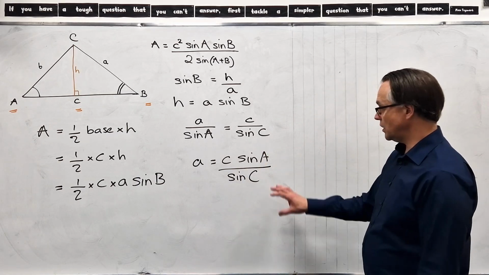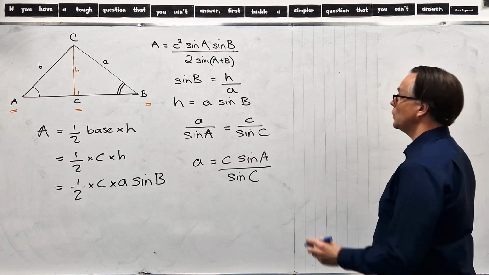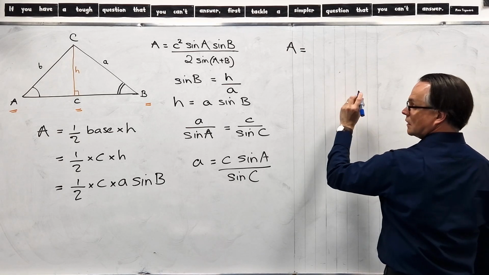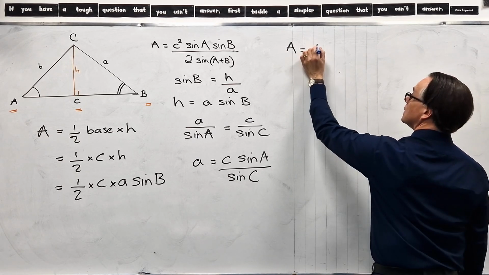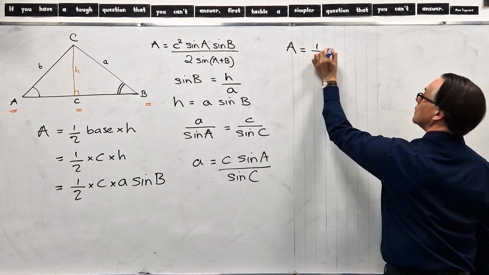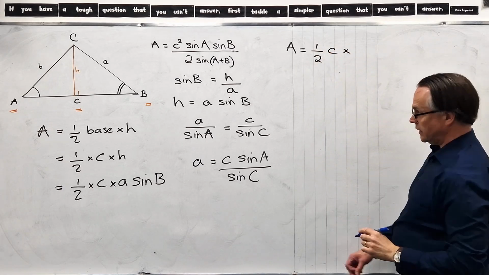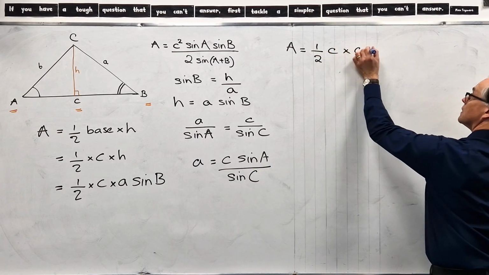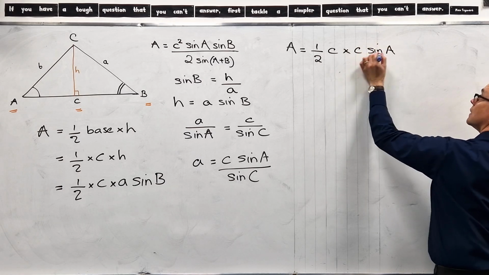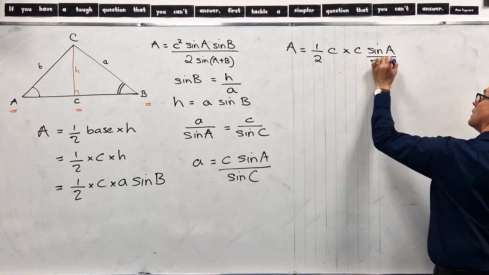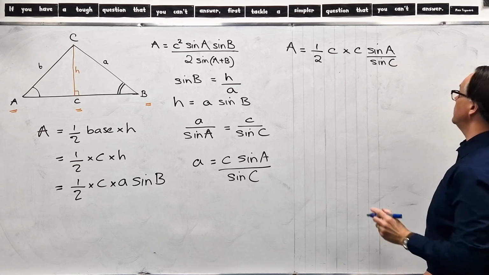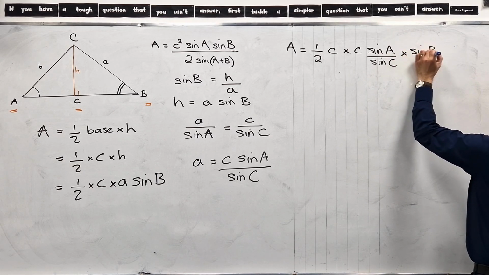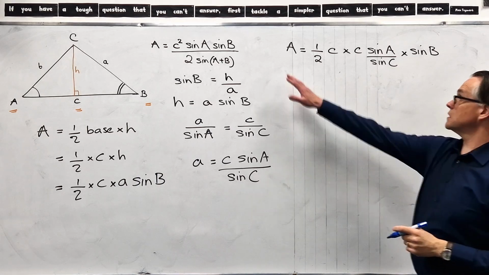And if we substitute that into here, we get that the area is equal to a half C times A, which is C sine A over sine C, times sine B. So you can see we're getting closer to this.